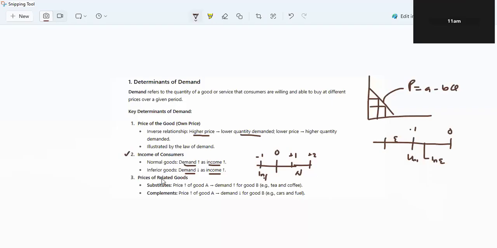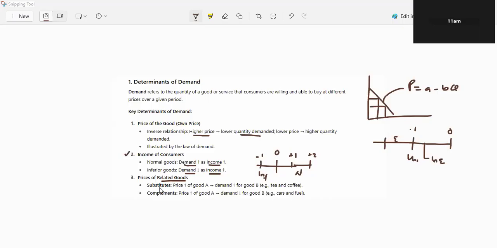Then we also have the price of related goods. So for related goods, if the price of good A goes up and the demand for good B goes up, these are called what? Substitute goods. Then we also have complements. Complementary goods are goods that move hand in hand.